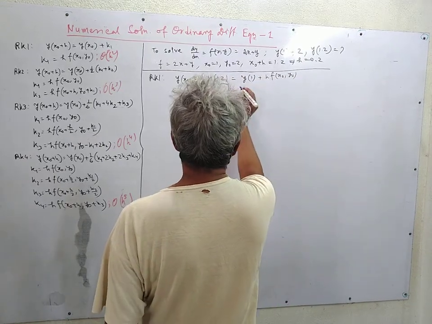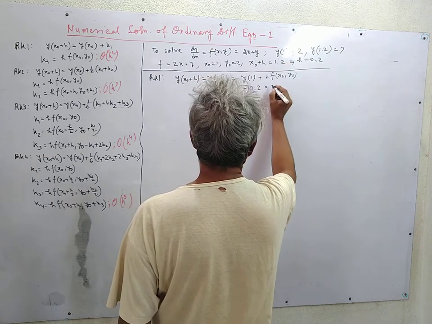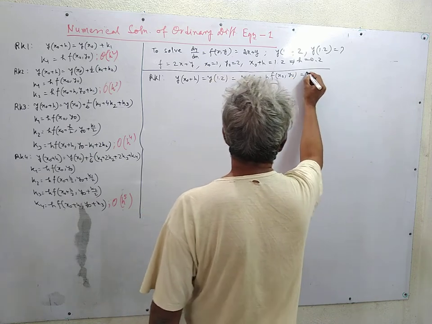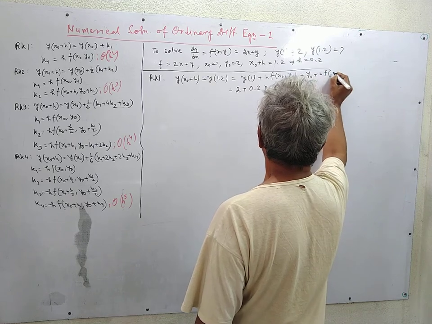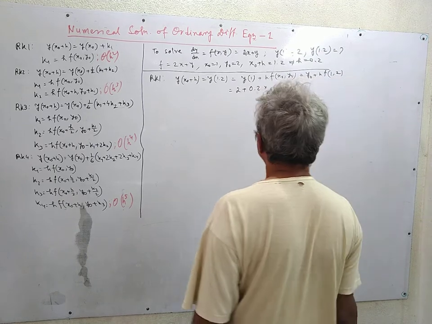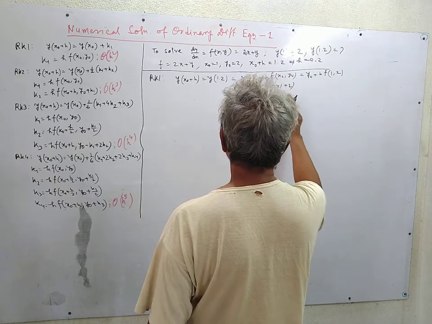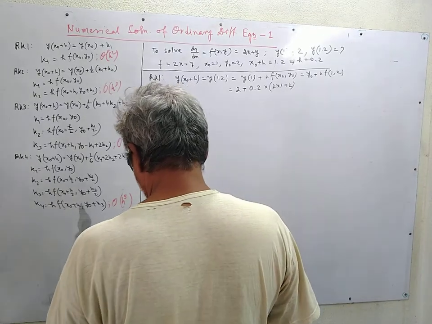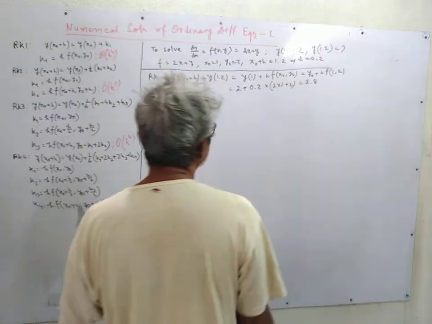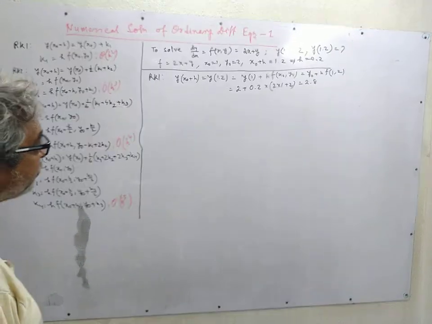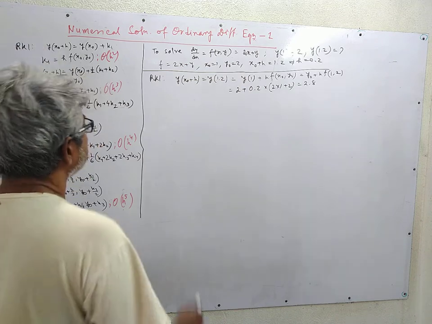That is, y at 1.2 is 2 plus h, which is 0.2, into f of 1, 2. So this is 2 into 1 plus 2, so this is 4, and the final result on simplification becomes 2.8. This is the value of y1 as per the RK1 method.